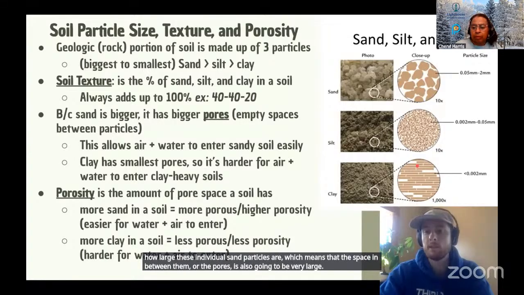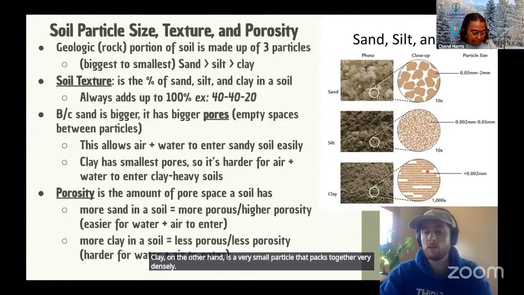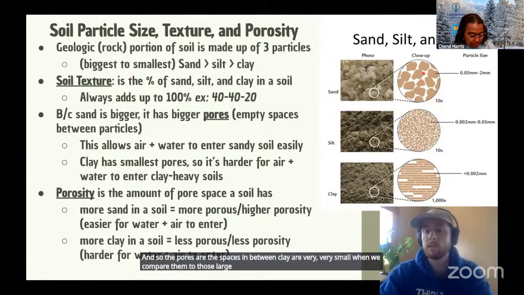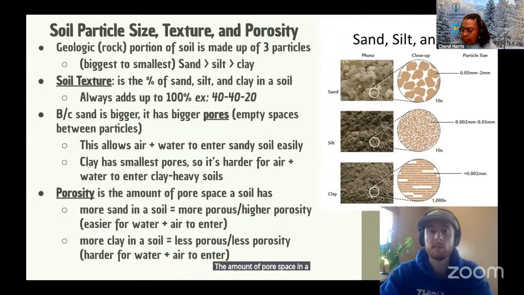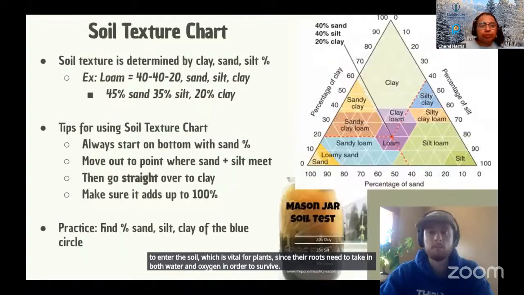Clay, on the other hand, is a very small particle that packs together very densely, and so the pores, or the spaces in between clay, are very, very small when we compare them to those large pores within sand. The amount of pore space in a soil is referred to as its porosity. So the more sand in a soil, the more porous it is. This makes it easier for air and water to enter the soil, which is vital for plants since the roots need to take in both water and oxygen in order to survive.